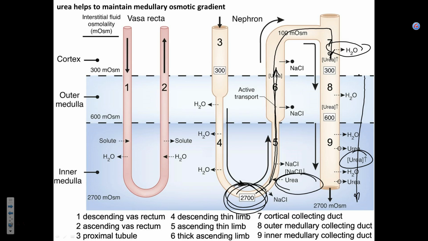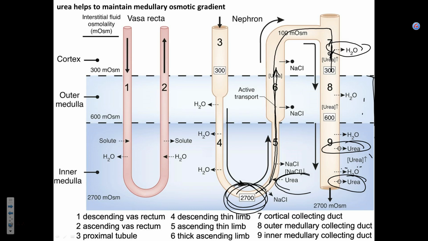And then, as the filtrate moves down through the collecting duct, urea concentration in the filtrate always stays a little bit higher than the urea concentration in the medulla. So urea, as you can see, moves into the medulla. Does that make sense?